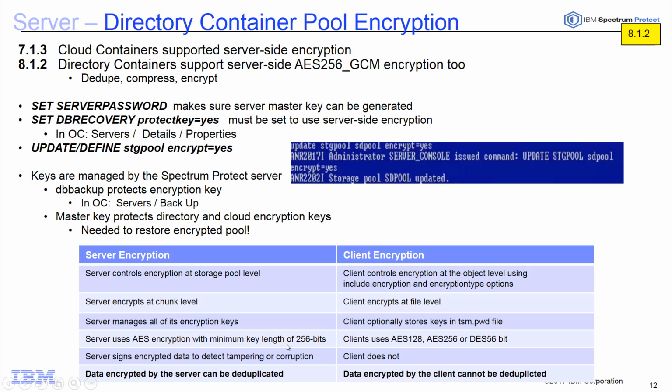Additionally, the server uses 256-bit versus the client's AES 128, 256, or DES 56. The biggest difference is that if you use server-side encryption, that data can also be deduplicated. Versus if you encrypt on the client side, then that data cannot be deduplicated by either the client or the server. So server-side encryption is definitely the preferred methodology.